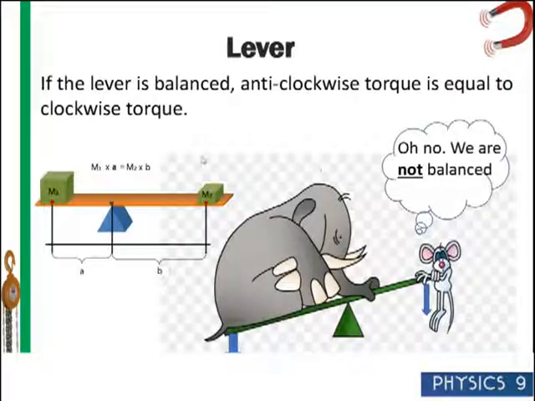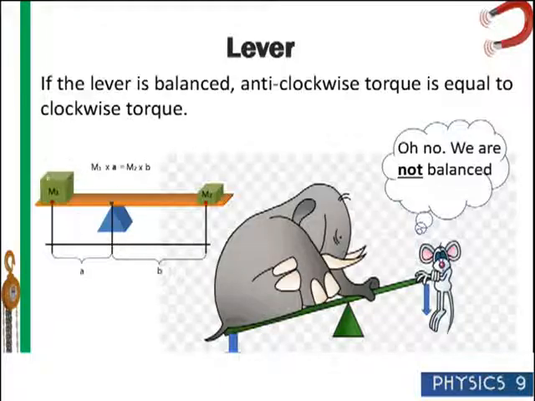Now, if we look at this diagram, we can see that we have a lever which is balanced, in the sense that the lever is in the horizontal position and it's not moving upwards or downwards at either end. So that means that it's balanced. In other words, the anti-clockwise torque is equal to the clockwise torque.